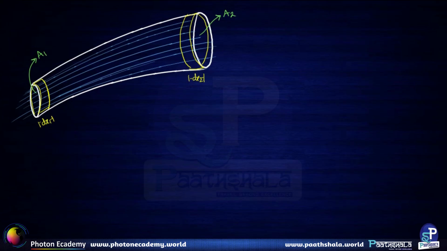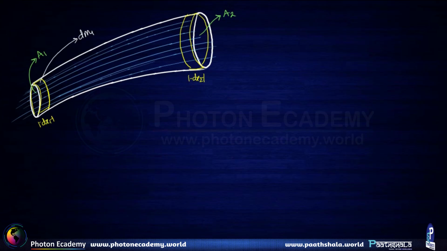So what can we write about the mass of the fluid that is entering? So let us say the mass of the fluid that is entering is dm1 and the density at this point happens to be ρ1. So the density over here is ρ1. Similarly, the mass that is exiting is dm2 and the density at this point is ρ2.